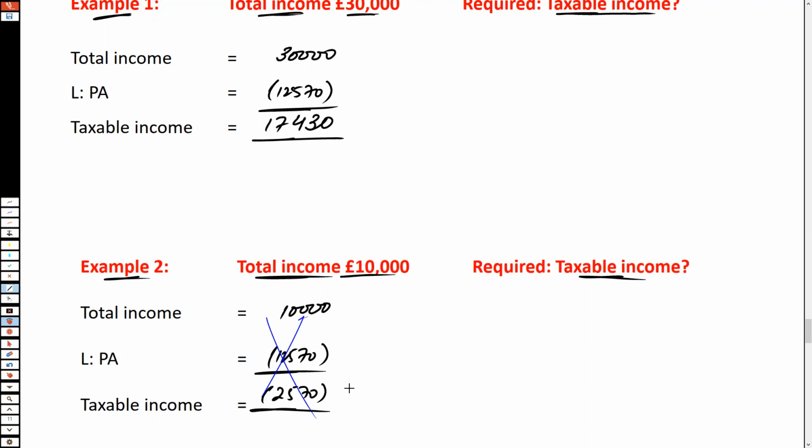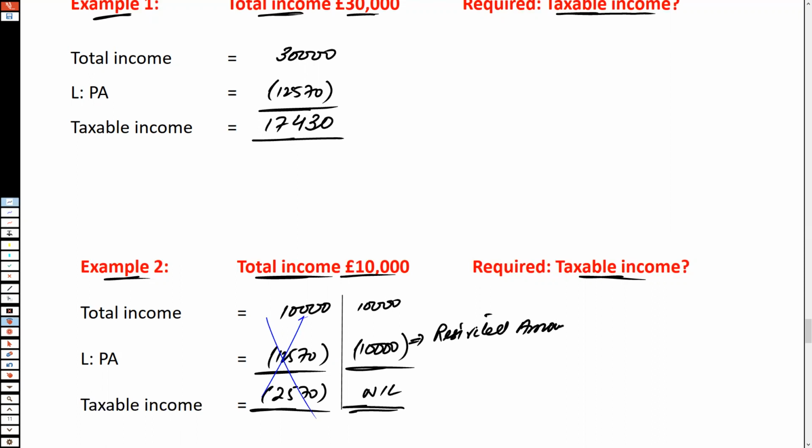In this case, if the total income is less than the amount of personal allowance, we have to restrict the amount of personal allowance. So the taxable income is calculated as nil. And when we are using a reduced amount of personal allowance, we shall write restricted amount of personal allowance.